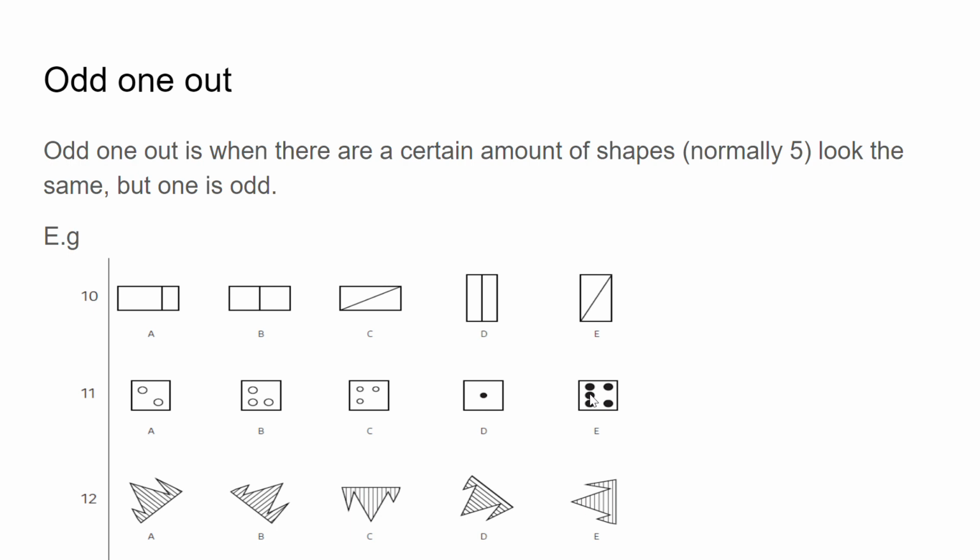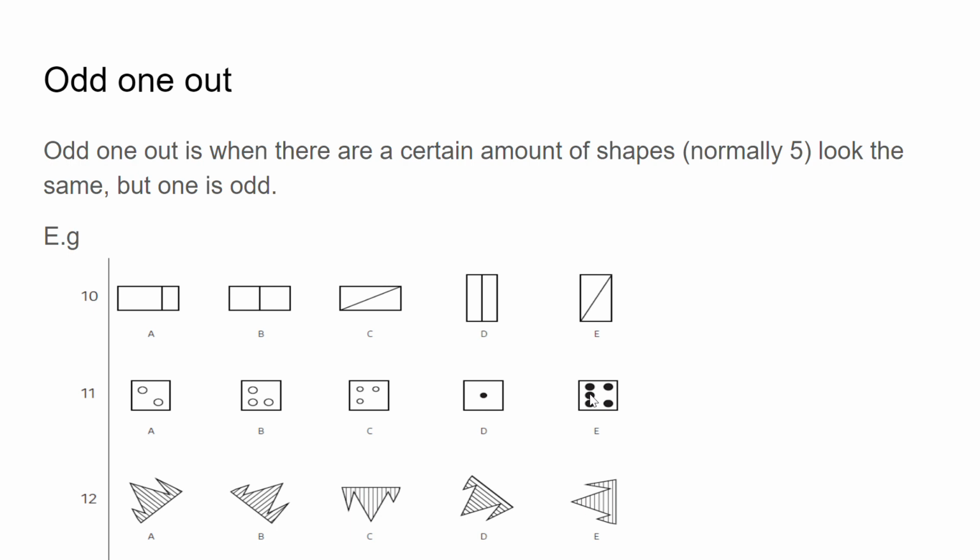A and B are matching, so neither A nor B could be the odd one out. C, if you rotate it the other side, it is also not the odd one out. E is also not the odd one out, as if you rotate it 90 degrees clockwise, then it would be the same as if it was flat.